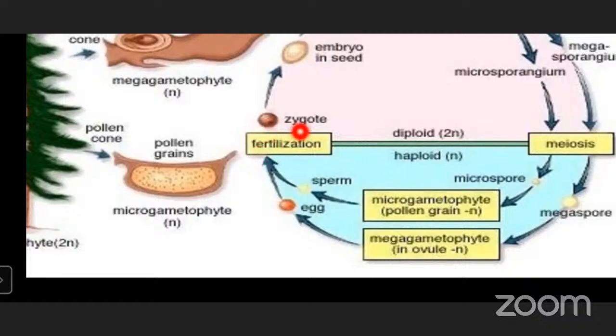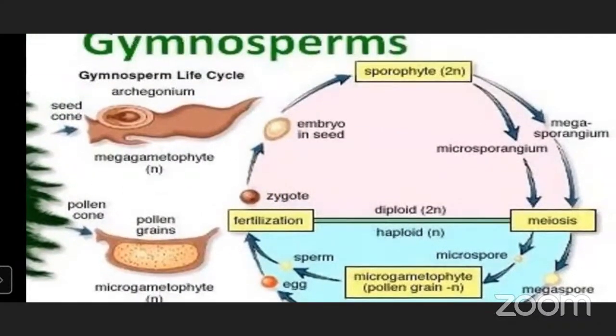Fertilization results in the formation of a diploid zygote. The diploid zygote develops into a diploid embryo.